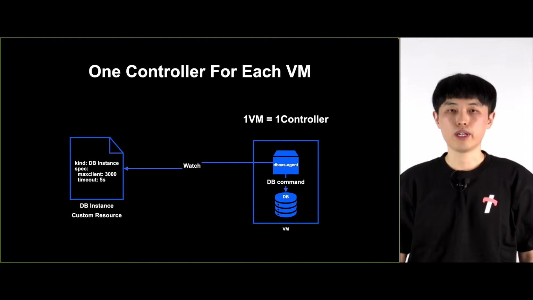So generally in Kubernetes, one type of custom resource is managed by one controller. So even if there are 50 different types of custom resources, there are only 50 controllers in Kubernetes. But in this design, all VMs that make up the DB will have each controller.